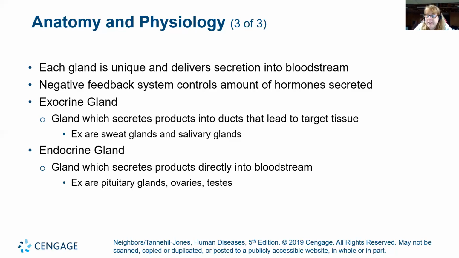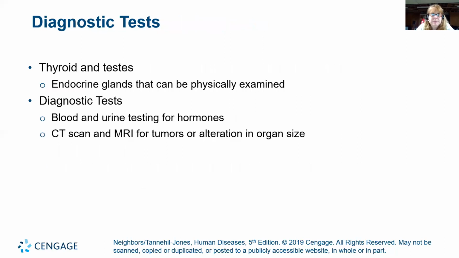When our salivary glands are active, the target tissue is the food in our mouth, okay? In this chapter, we're focused more on endocrine glands, and these are glands which secrete products, aka hormones, directly into the bloodstream. Again, examples are the pituitary glands, the ovaries, the testes.